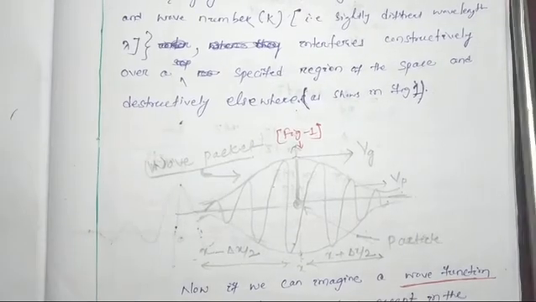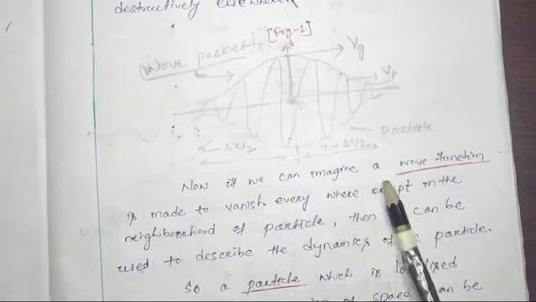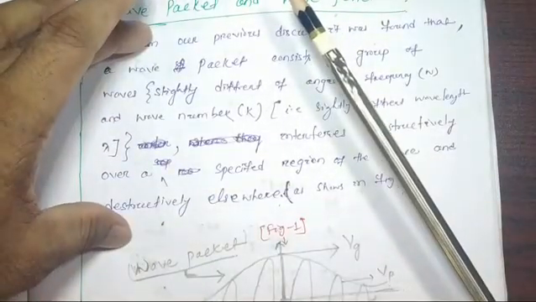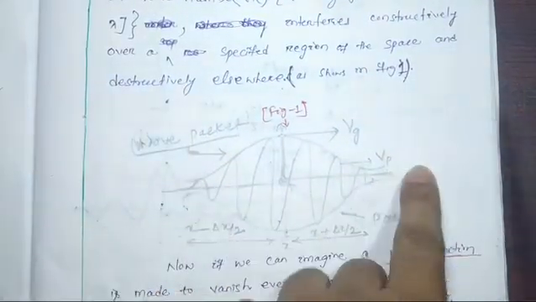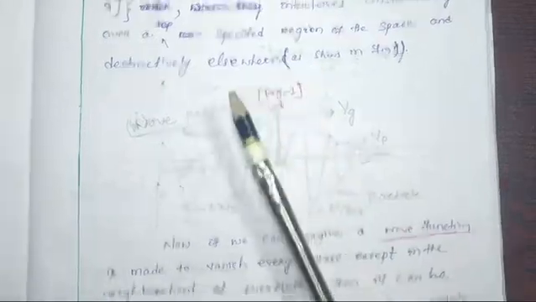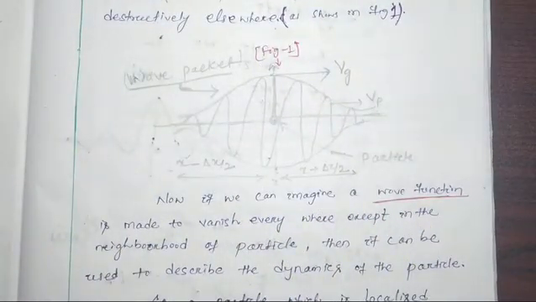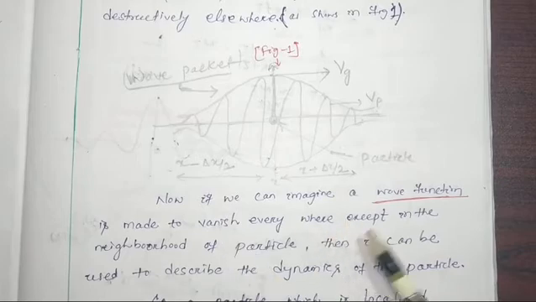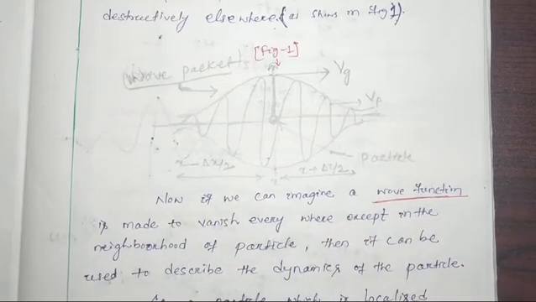Now if we imagine a wave function, due to the superposition, this portion is where we find constructive interference, and these are the portions of destructive interference. Now if we imagine a wave function that is made to vanish everywhere except in the neighborhood of the particle, then it can be used to describe the dynamics of the particle.